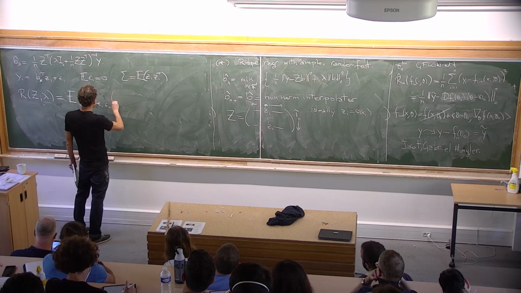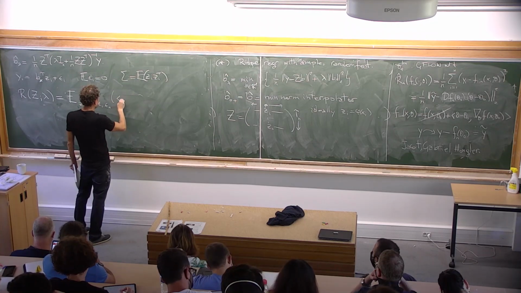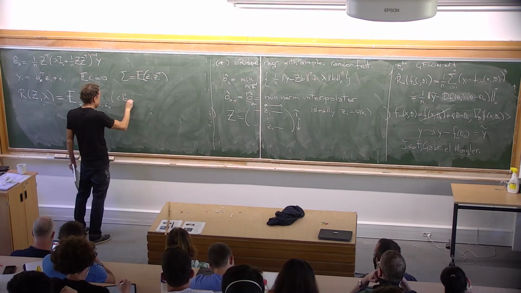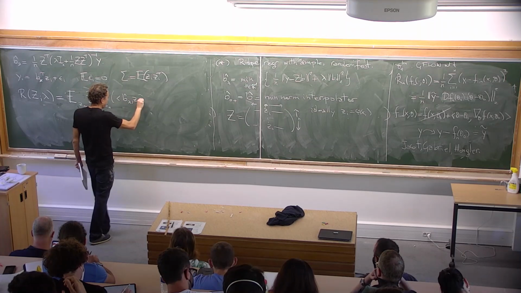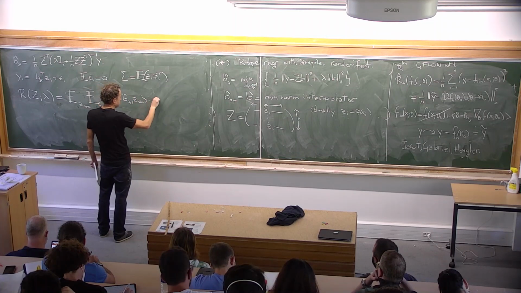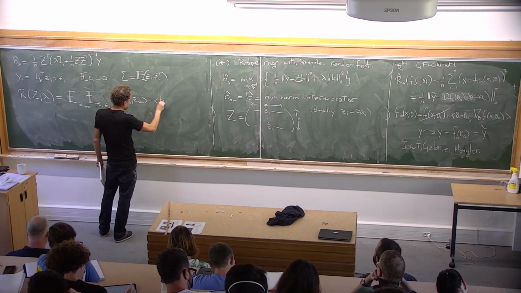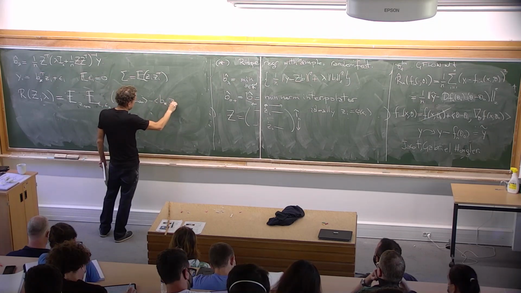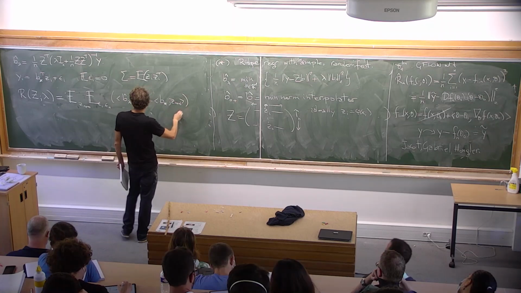And of what? I'll look at the excess risk: beta hat lambda times z nu minus beta star times z nu, squared.